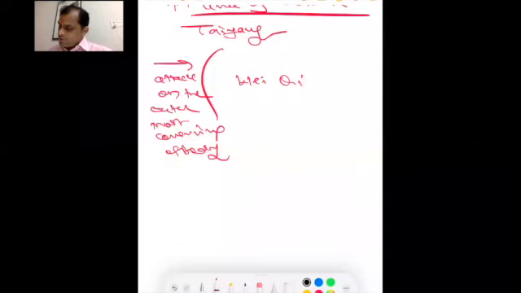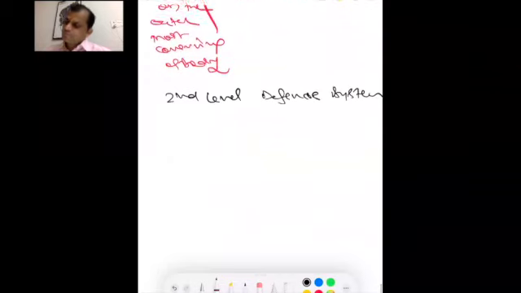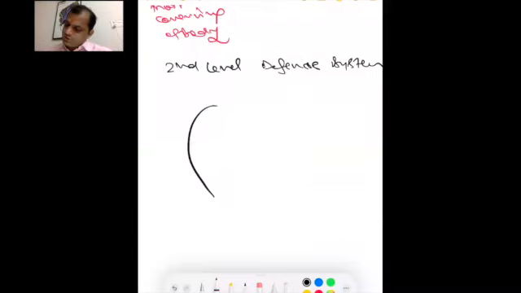Now, second level defense system. So this was the first level.